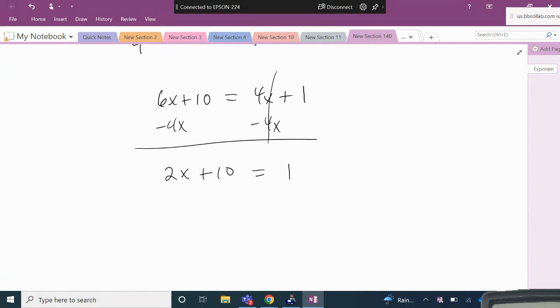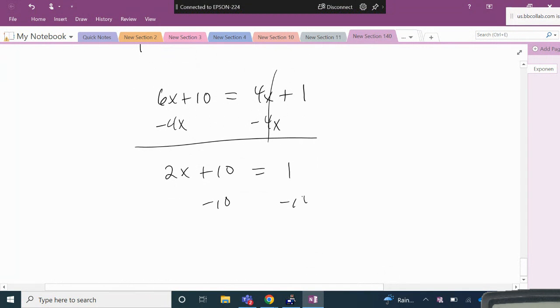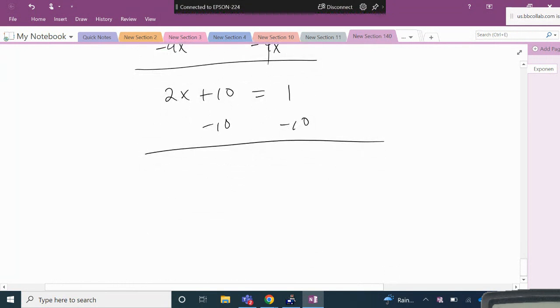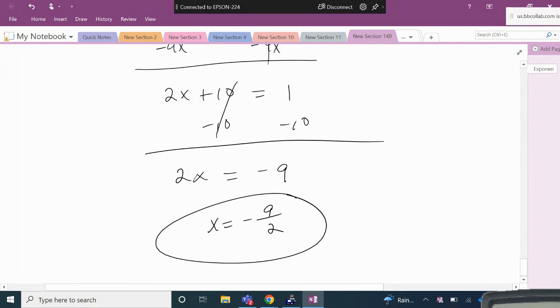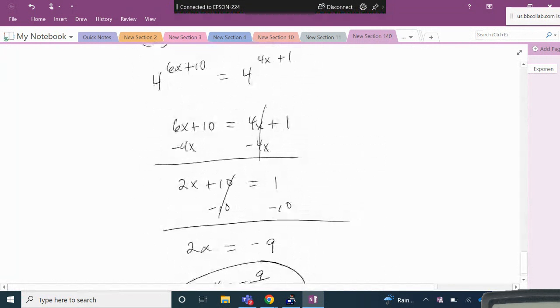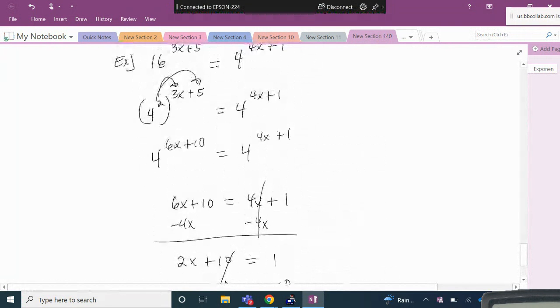I'm going to subtract 10 from both sides. So now we have 2x is equal to negative 9. I'm going to divide both sides by 2, so x is equal to negative 9/2. All right, so negative 9/2 would be the magic number that makes both sides equal.